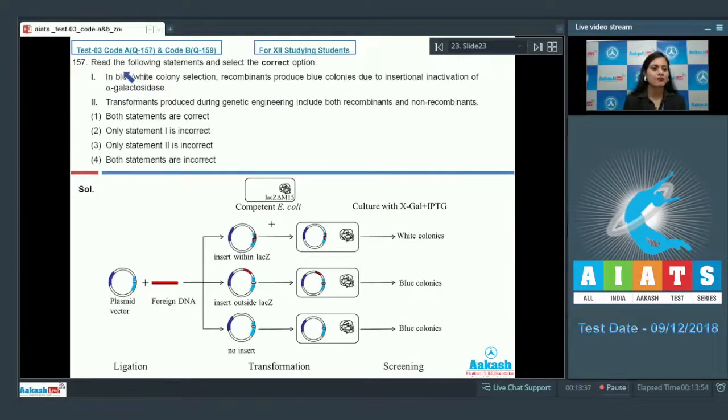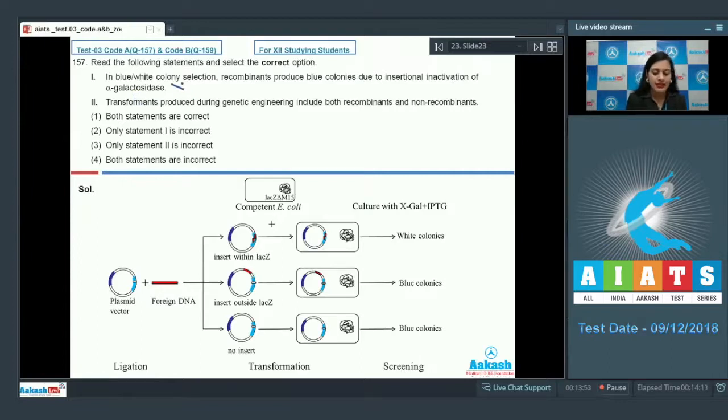Question number 157. Read the following statement and select the correct option. The very first statement given is, in blue-white colony selection, recombinants produce blue colonies due to insertional inactivation of alpha-galactosidase.